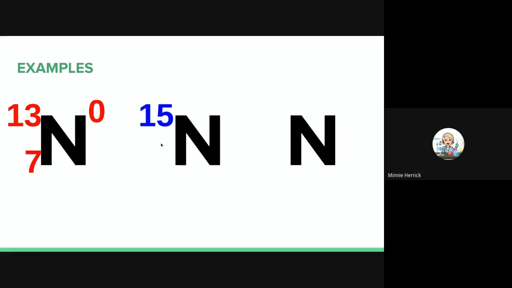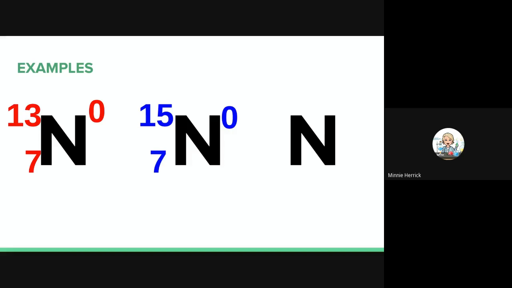The next one has a mass of 15. This is a nitrogen that has 15 as a mass as opposed to 13 on the first one. It also has 7 protons because it's nitrogen. They have to have the same number of protons, and it's also neutral, because we're focusing only on neutral atoms at the moment.